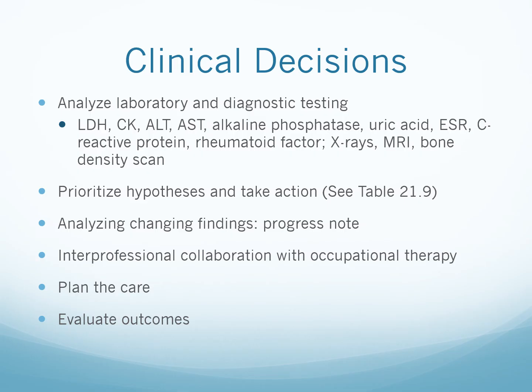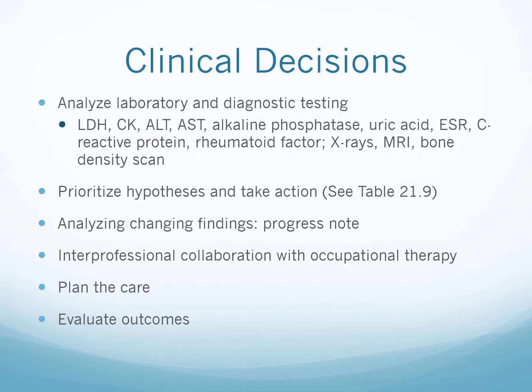ESR, erythrocyte sedimentation rate. This is a nonspecific inflammatory marker. And when inflammation is present, red blood cells settle faster in a test tube. That increases the ESR. So elevated ESR may occur with rheumatoid arthritis, infection, autoimmune disorders, inflammatory conditions.